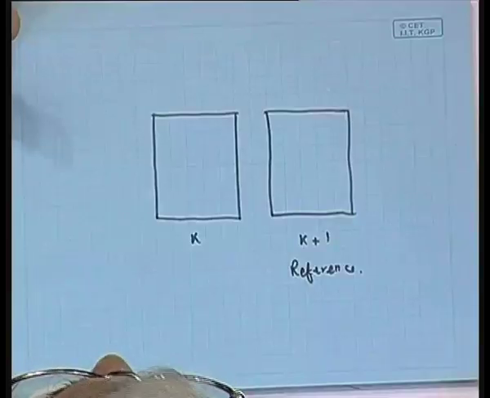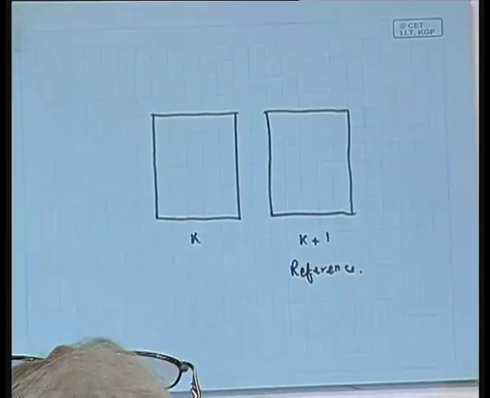Frame k is there in the memory, and frame k plus 1 is also there in the memory. In such a case, it is possible that we can predict frame number k by using some frames beyond k as a reference. k could be the frame to be encoded, and we can still call that the current frame, no problem.